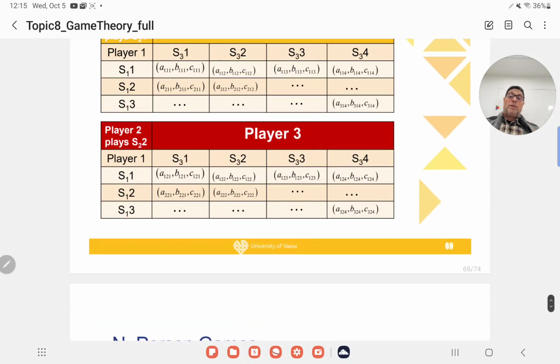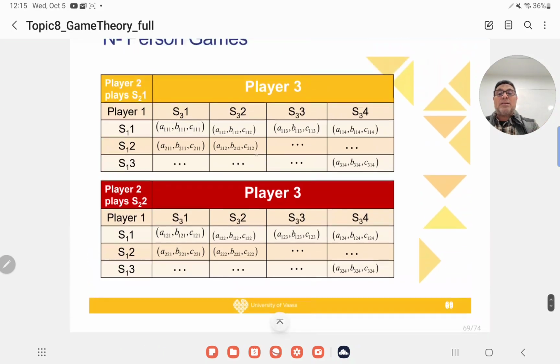If player 2 has, for example, 4 strategies to play, then we can divide them into 4 different matrices. So we have player 1 against player 3 when player 2 plays the first strategy, the second strategy, the third strategy, and so on. And then we can put them together in this way, as you can see.